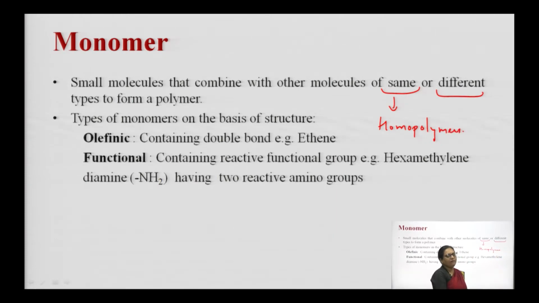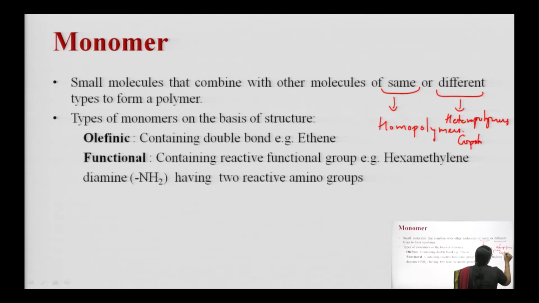And when we have different monomer units constituting a polymer, they will be called heteropolymers, or copolymers. The terms are used synonymously. So, depending upon whether the monomer units are the same or different, polymers can be homopolymers or heteropolymers. We will take this up in the classification of polymers.